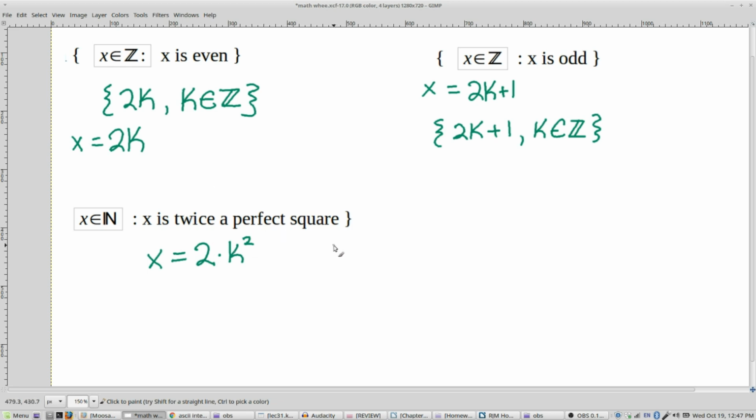Otherwise, I mean, you can say 2.5 squared is something, but we're talking in terms of perfect squares, so integers. So our formula will be 2k squared. And again, k has to be an integer, or in this case, we'll do a natural number. So we'll say that. And so this will be the form notation.